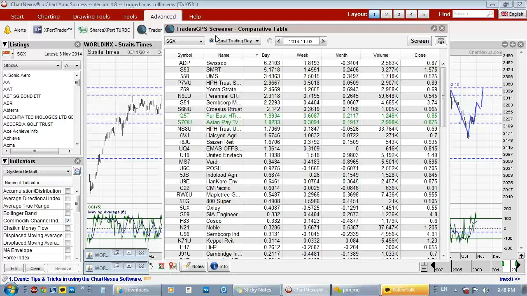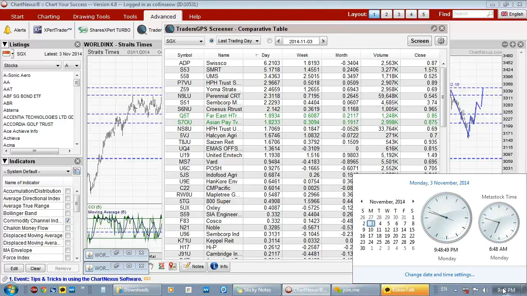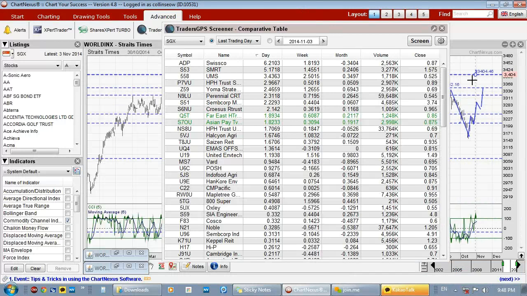So let's go to the SGX right now. Look at the scan. I've done up the comparative scan using Trader's GPS. This is today's date, 3rd November. These are the stocks that are available.